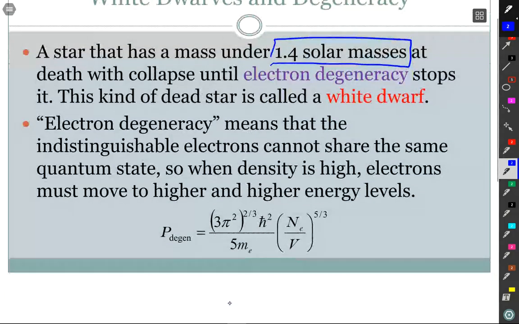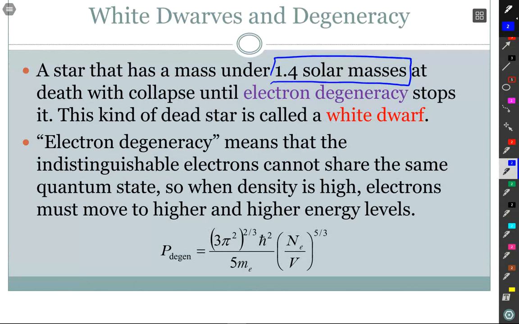So you can actually do some calculations on it. The degenerate pressure, and I think the textbook has this carefully laid out. Since this is going to be our last lecture with anything new, I promise, we're not going to be able to go through the background of this. But n_e is the number of electrons per unit volume, so this is the electron density.